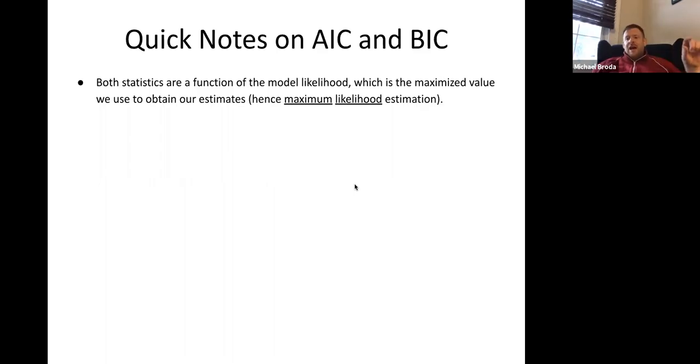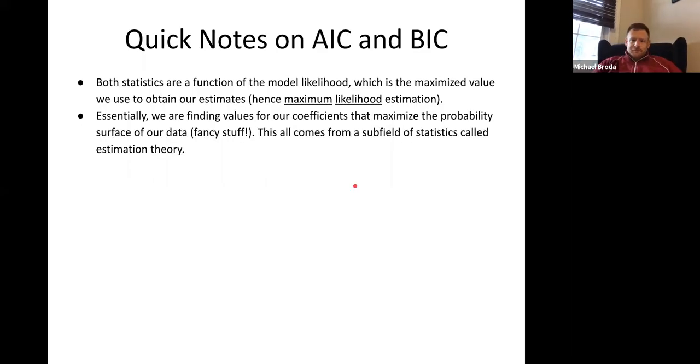And that particular value is the thing that gets plugged in. And we're finding values of our coefficients that maximize what's called the probability surface of our data. That gets into likelihood theory and estimation theory, which we won't go into now.